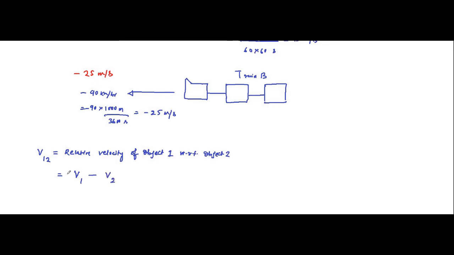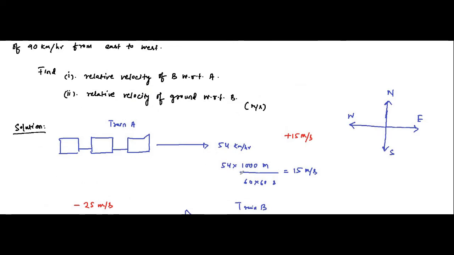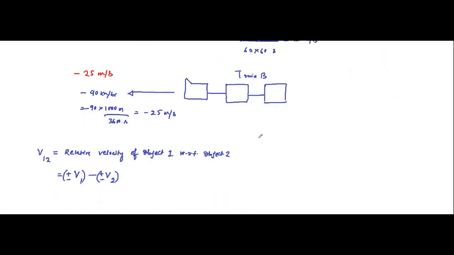And another important thing is that the sign of V1 and V2 also depends on their direction. So plus minus V1 minus plus minus V2. This is very important. So here it has been asked relative velocity of B with respect to A. So this VBA, which is relative velocity of train B with respect to A, will be VB minus VA.